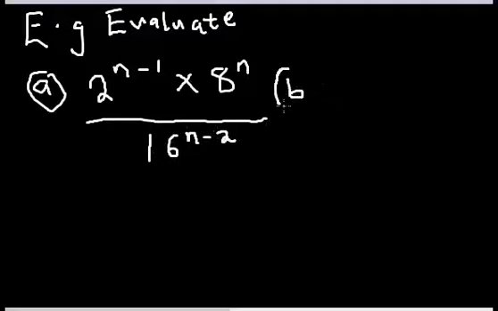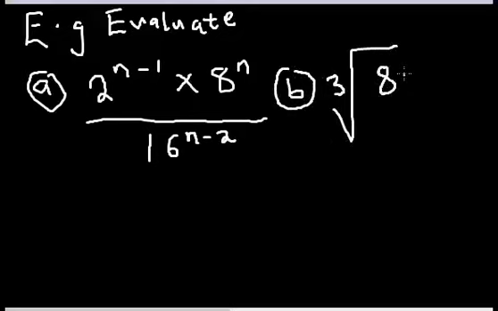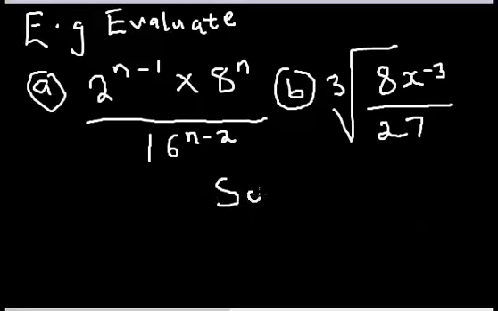B: the cube root of 8x raised to the power of minus 3, all over 27. Okay, so let's just do justice to this as we look at more questions.